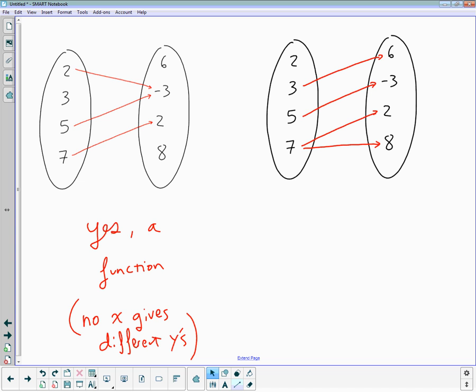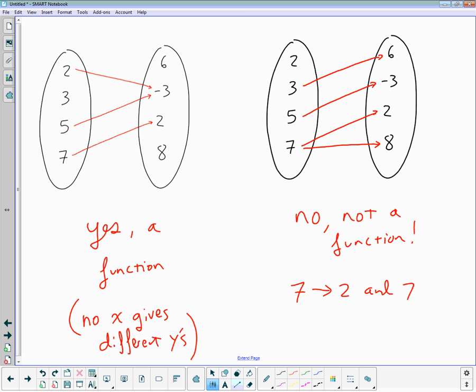All right? So when you're doing these kinds of mappings, you want to make sure you see how for the same x value, I got 2 different y values.